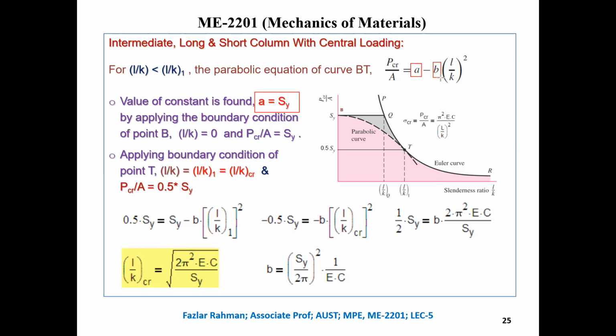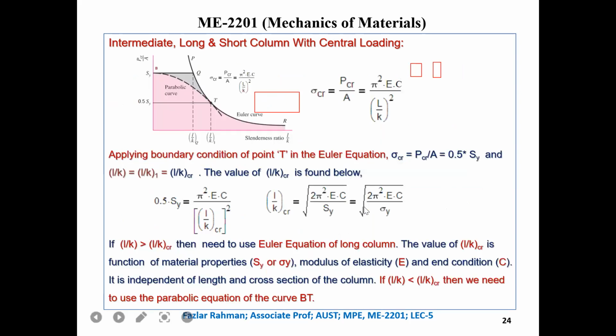So this condition I can apply in the Euler equation. What is the condition at P? L by K equals L by K1, or L by K critical. What is your stress? Sigma equals 0.5 SY.